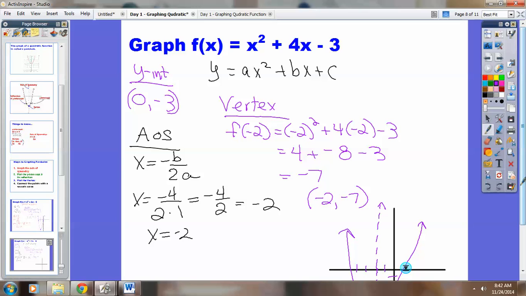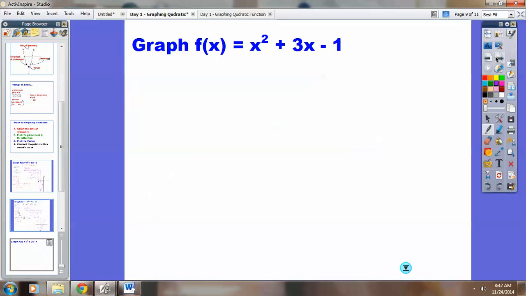18 through 21. And I do have graph paper for you. I don't want you to have to do this by hand. On the graph paper you're going to use, I've written out y-intercept, axis of symmetry, and vertex, so it's kind of foolproof.